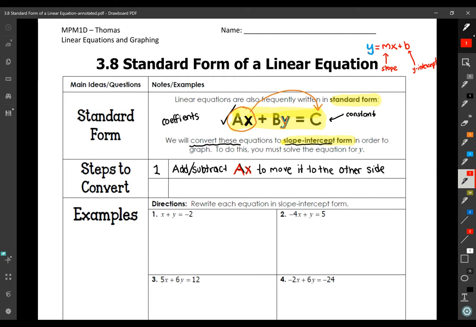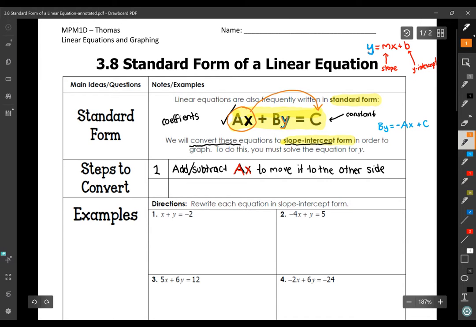So once we've done that, we might have something that looks like b times y is equal to minus ax plus c, right? When we rearrange and move that ax over. Well, we still haven't isolated for y, okay?